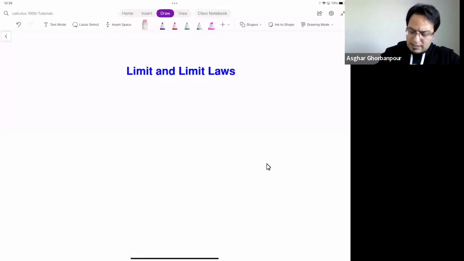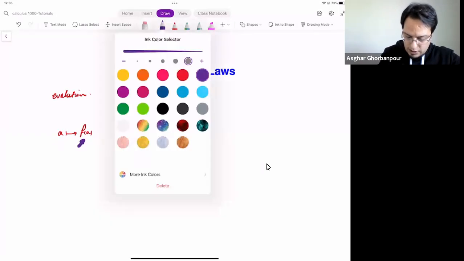Very quickly, what is limit? Okay, so far we had this evaluation of function that we understand what is going on. So if you have a point, you evaluate it and get the value of the function.